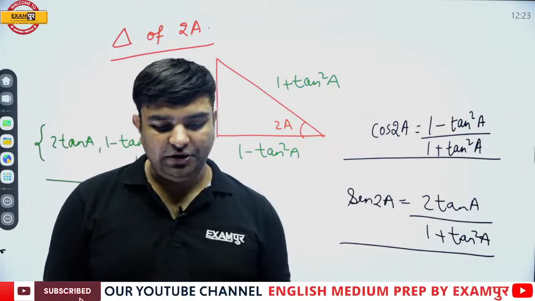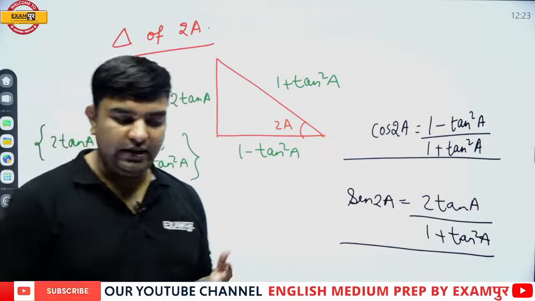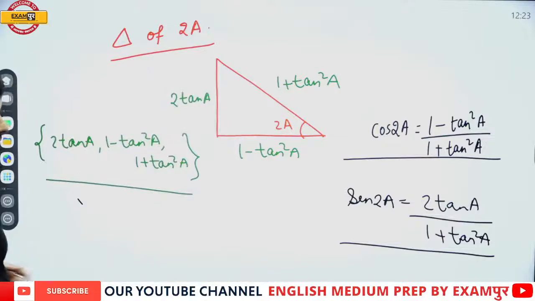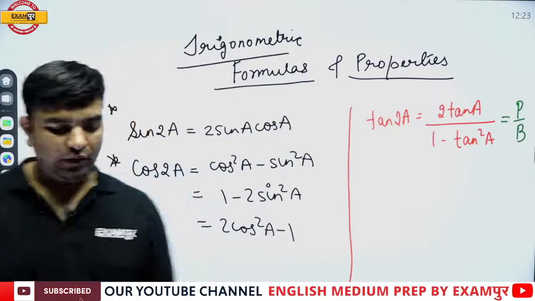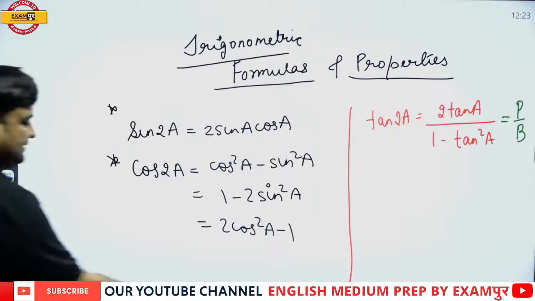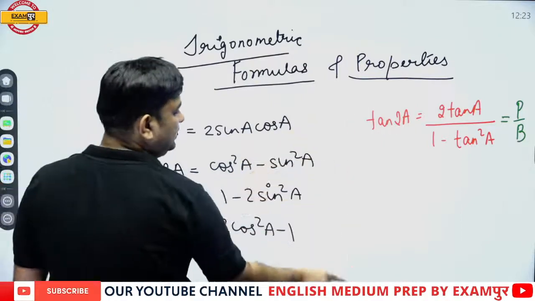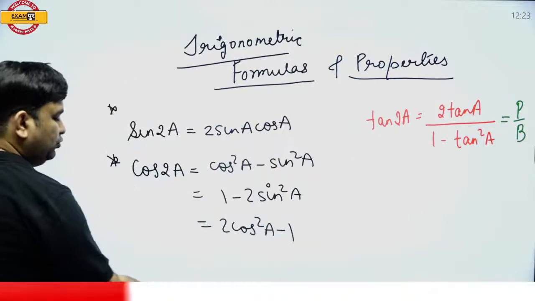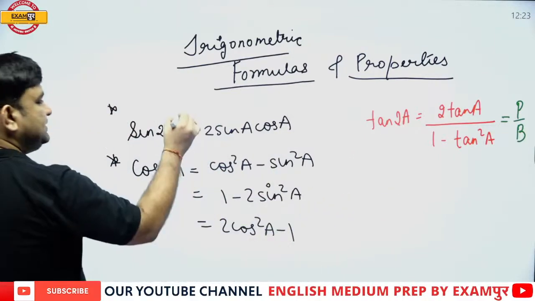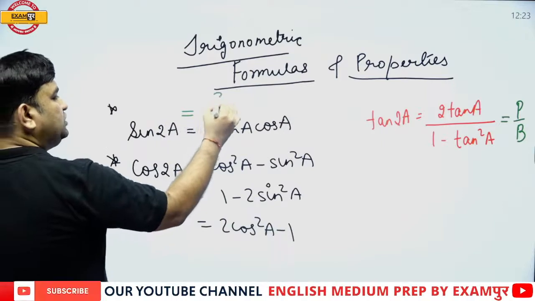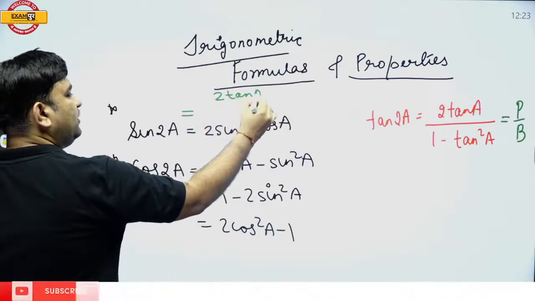These are the derivations from the triangle of tan 2A. Great. If you want to write it on the previous page only and take the screenshot, I can help you out. Let me try. Guys, here you can write 2 tan A upon 1 plus tan square A.